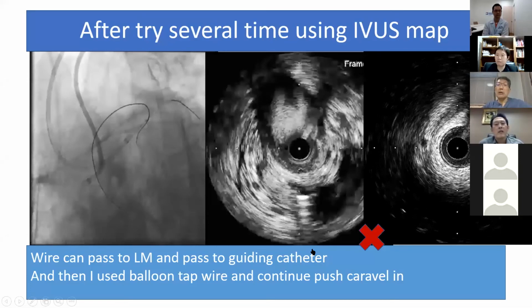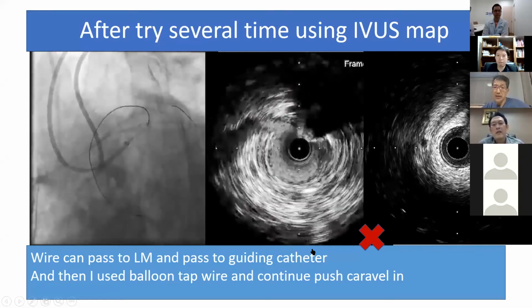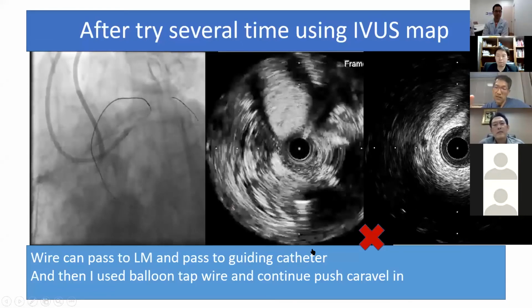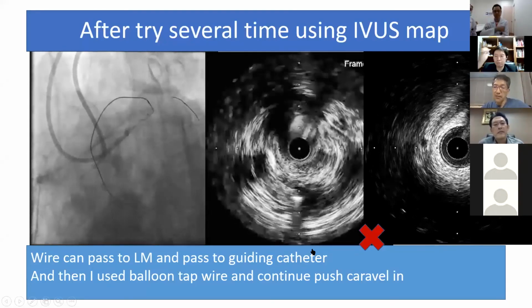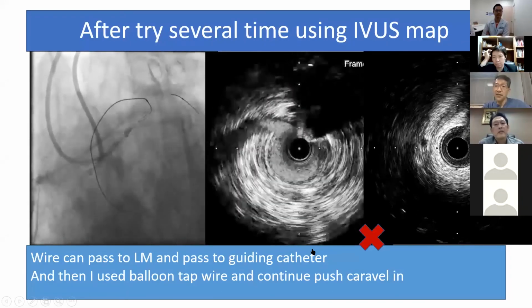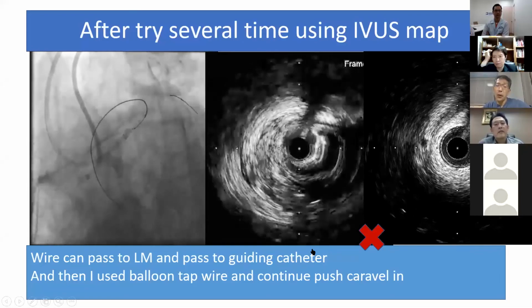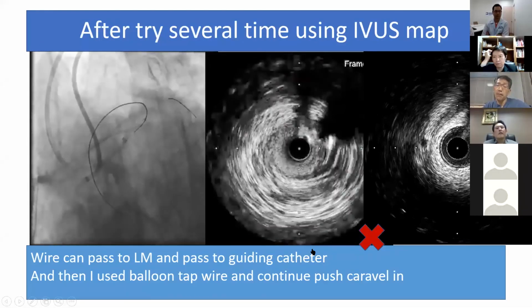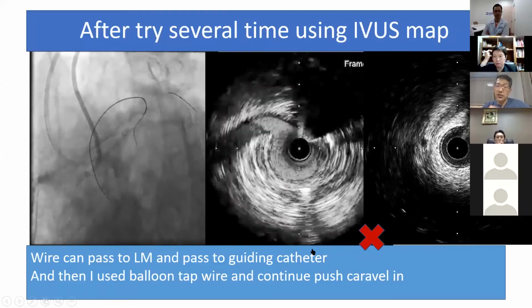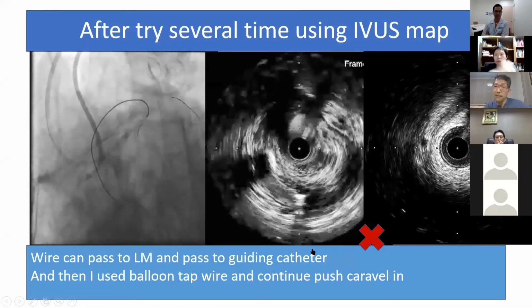So in a CTO case of the LAD proximal with the left main stenosis, it's very risky to accomplish the procedure using only retrograde wiring.